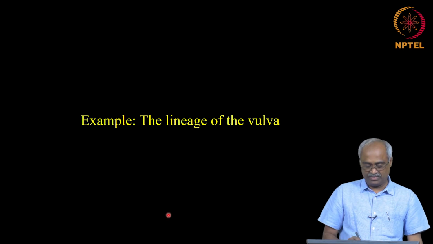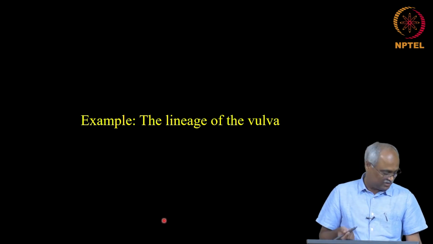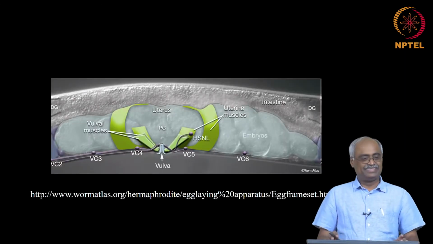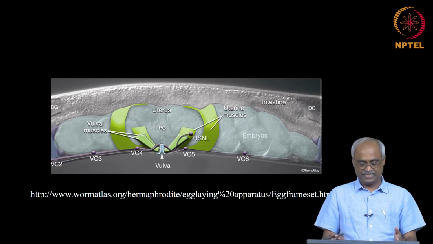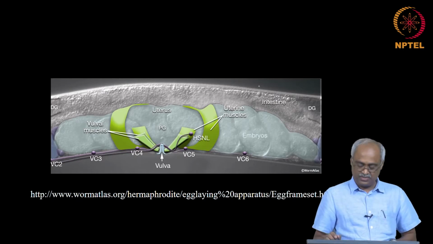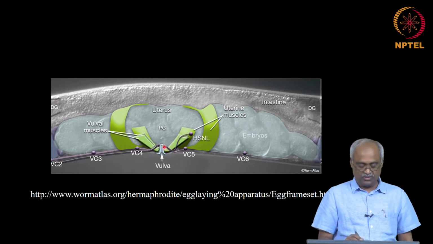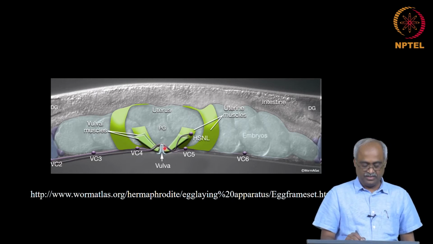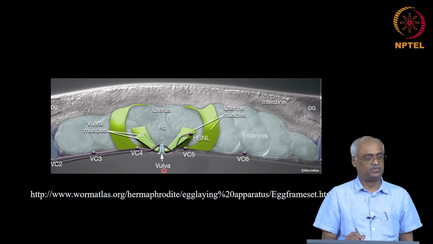So, if that is what we are going to use as an example, then we need to familiarize ourselves with vulva. This is a section of the worm. Remember, yesterday I showed you the full worm. So, this is roughly the middle part of the worm that you are seeing here. Okay. So, this is the pore like organ through which the embryos come out.